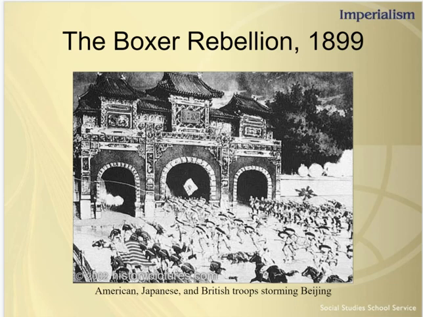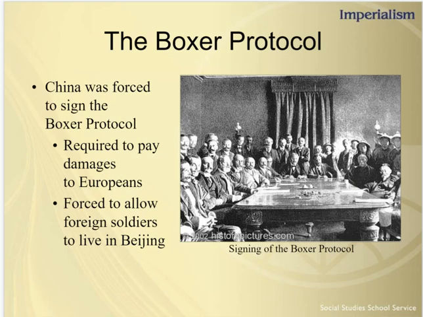An international force composed of European, American, and Japanese soldiers occupied Beijing and defeated the Boxers. This is what's known as the Boxer Rebellion. The Boxer Protocol was signed on September 7th, 1901. This is something, again, China was forced to do that the Europeans wanted it to do. It was required to pay damages to Europeans and was forced to allow foreign soldiers to live in Beijing.